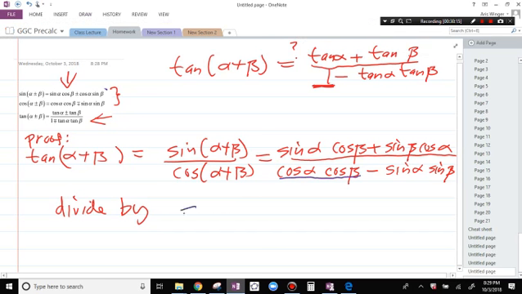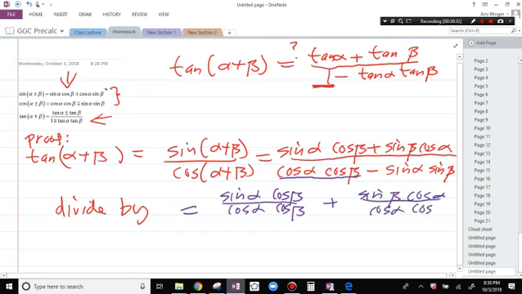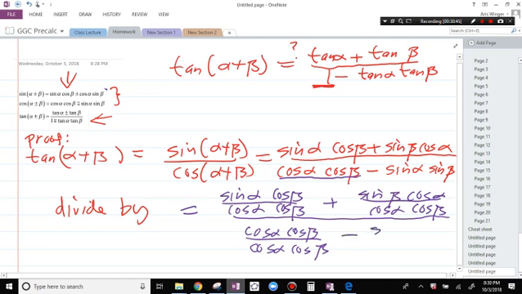Right? So dividing everything by that, you get sine alpha cosine beta all over cosine alpha cosine beta, plus sine beta cosine alpha all over cosine alpha cosine beta, and then all over cosine alpha cosine beta, and then minus sine alpha sine beta all over cosine alpha cosine beta, right?